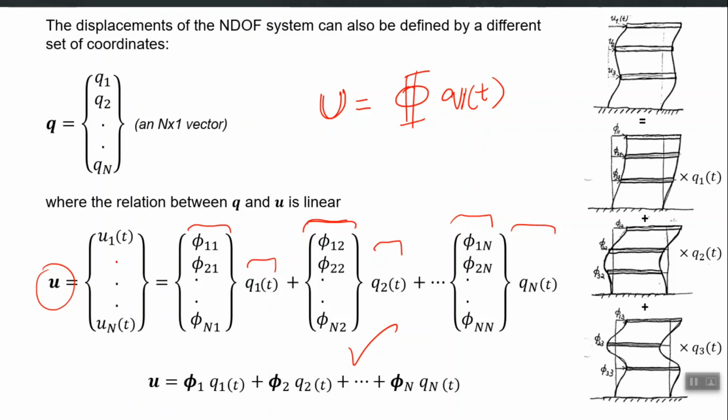So u1 of t will be phi 1 1 times q1 plus phi 1 2 times q2 up to phi 1 n times qn. All the generalized coordinates are combined to make u1. Similarly, they will be combined by different numbers to make u2, right?